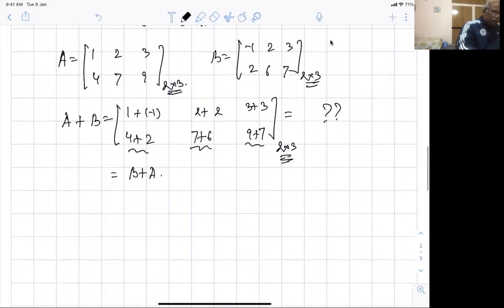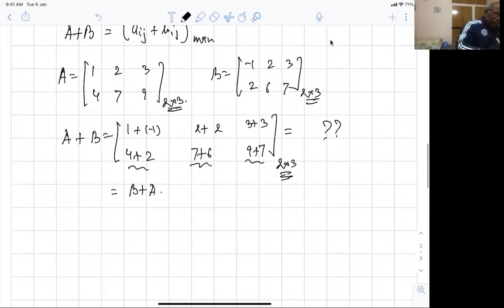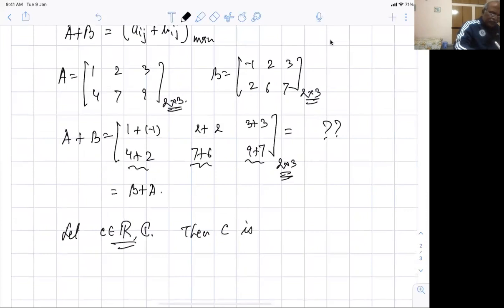Fine. Now the next thing is what is called scalar multiplication, as I stated. So let C belong to real numbers or say complex numbers, wherever you want to look at. Then C is a scalar, and C times A will become C times Aij.